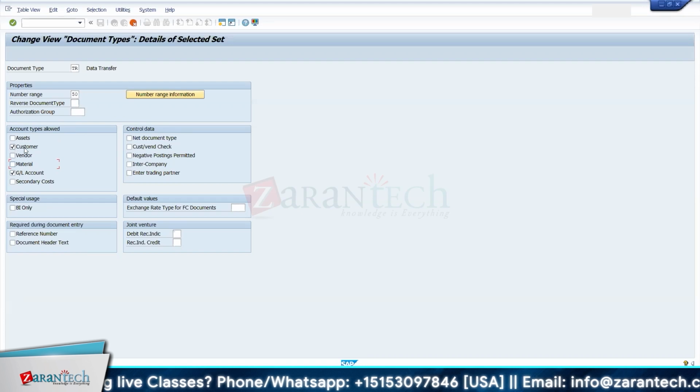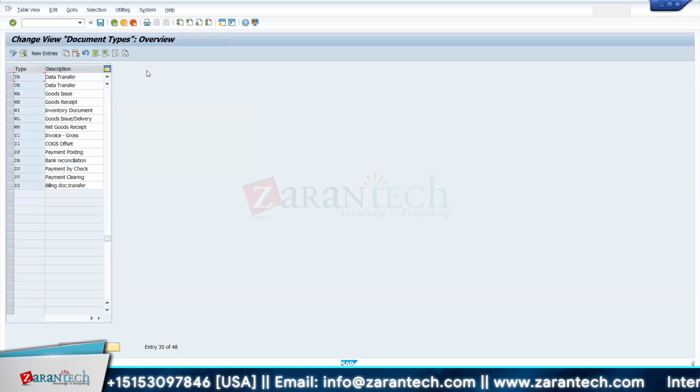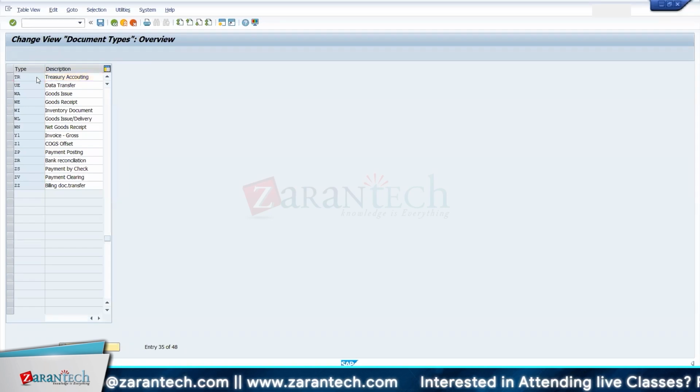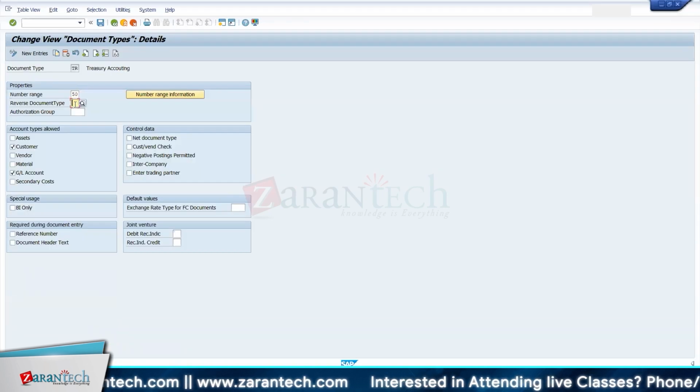Currently I'm saying customer and GL account. So you should create one separate document type called TR, and then number range, you can maintain any number range. Now here we will say treasury accounting. And then we'll say 50 for the reversal also.